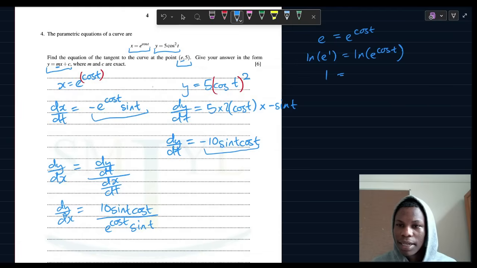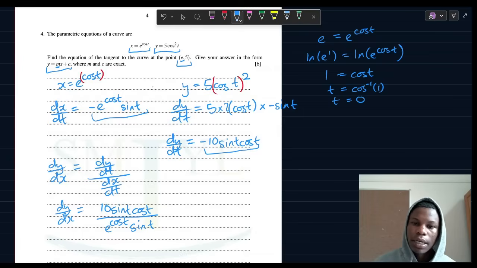And so you get that 1 is equal to cosine of t. And then t has to be arccos of 1, and so t has to be equal to 0. And so now we can take this value of t and substitute it into dy/dx, and that should give us the gradient of the tangent to the curve at this point here.